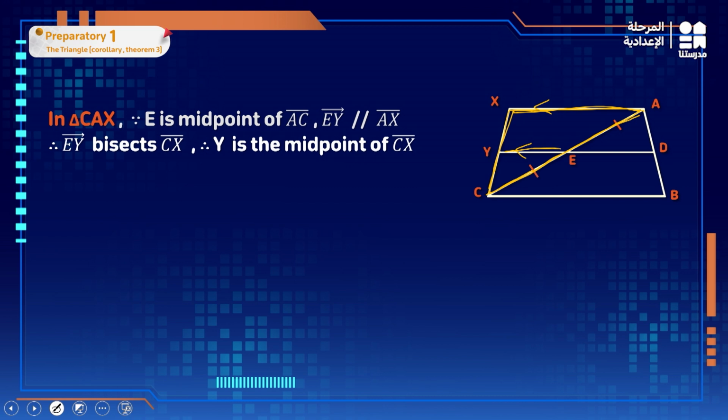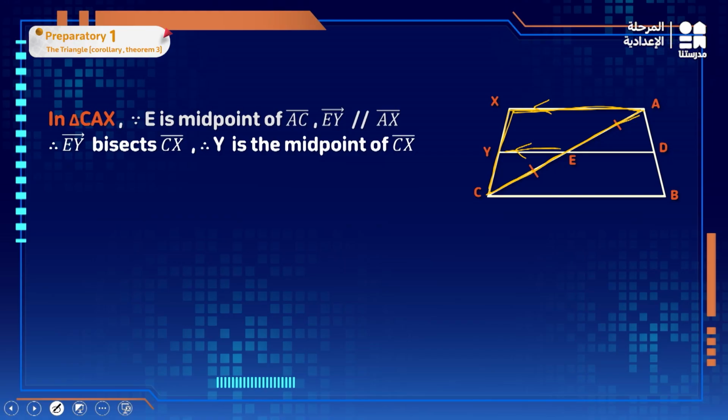Therefore, EY bisect CX. Therefore, Y is a midpoint of CX. So one more time, in the triangle ACX, we have EY parallel to AX. So that means EY bisect CX and Y is a midpoint of CX.